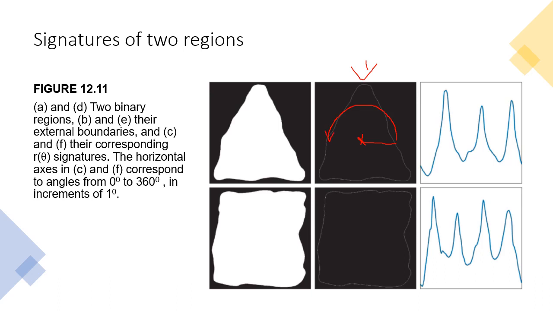We plot the angle against the distance from the center to the boundary of the object. So we obtain this signature, and for the lower picture we also obtain the lower signature. So it can certainly distinguish the shape of the object. We could use the signature to distinguish the object.